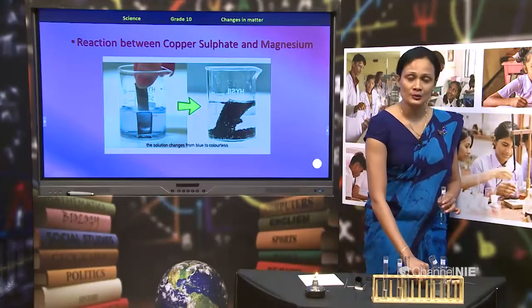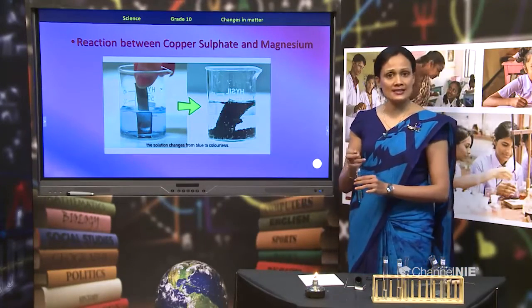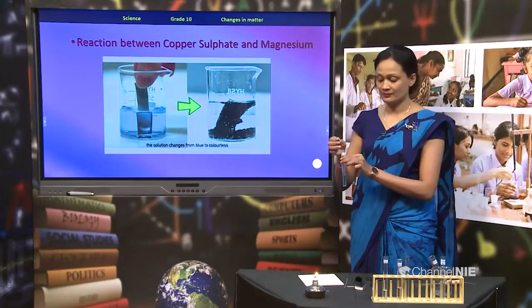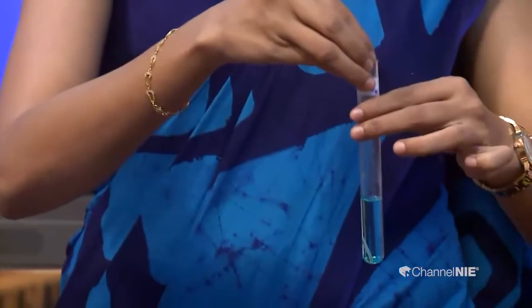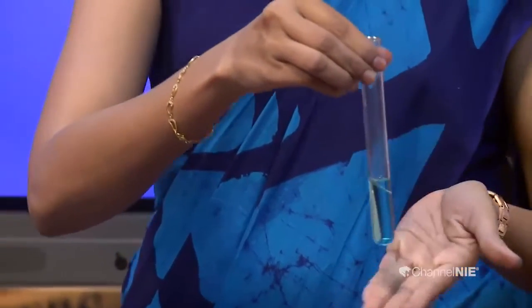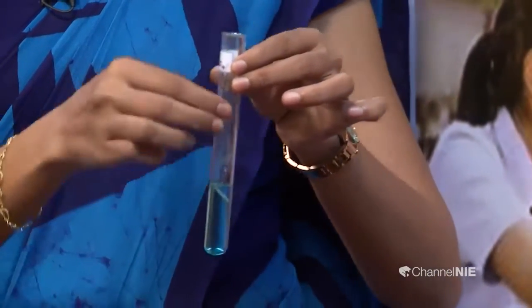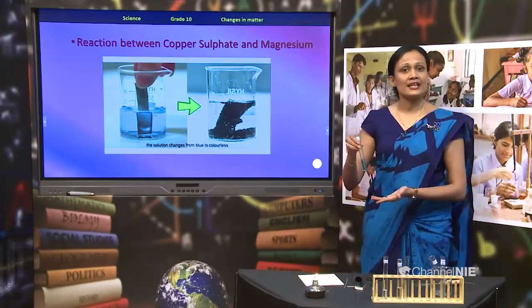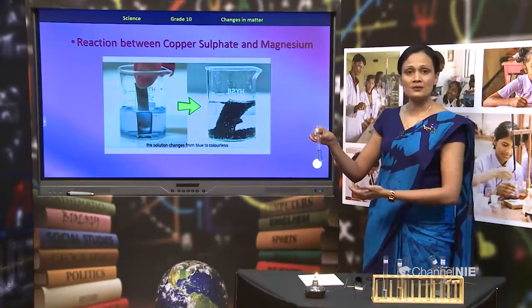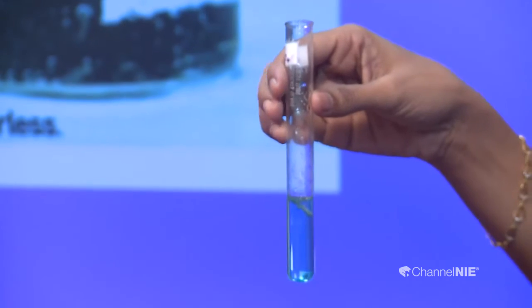Now I am going to add the magnesium strip into it. You need to observe. Here you can observe magnesium reacts with copper sulfate. That means there are some gas bubbles which are evolved there.